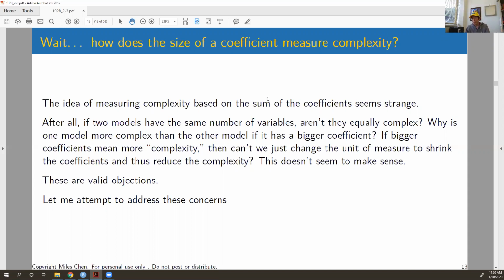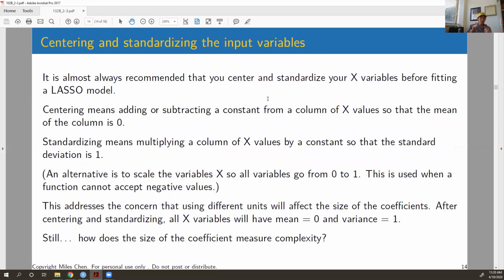I'm going to try to address these things and say that we're using the coefficients. The size of the coefficients is still a good measure of model complexity, right? So absolutely, this idea of changing your units affecting model complexity, we want to avoid that. And so we almost always recommend that you center and standardize your x variables before fitting the model, right?